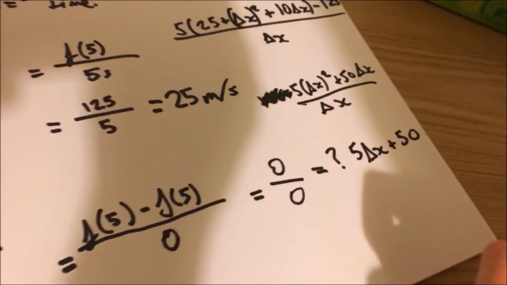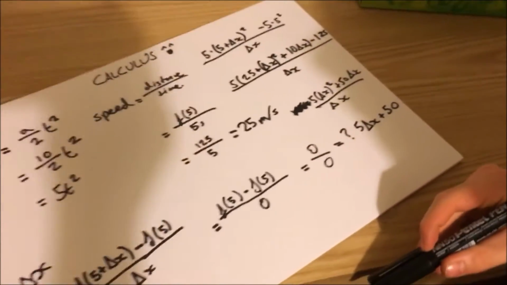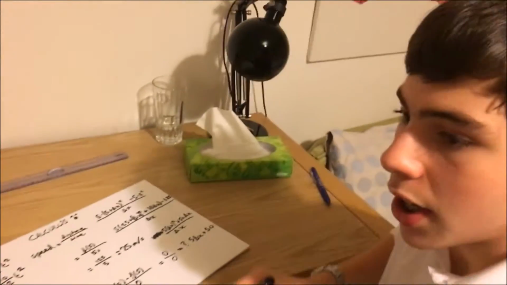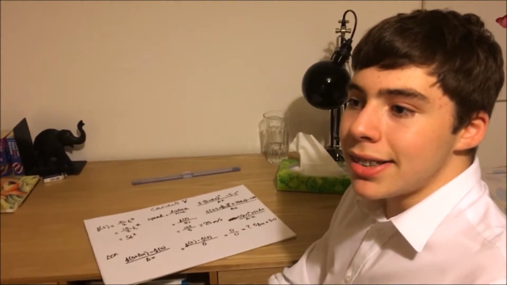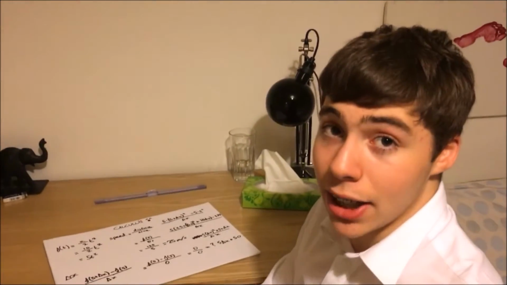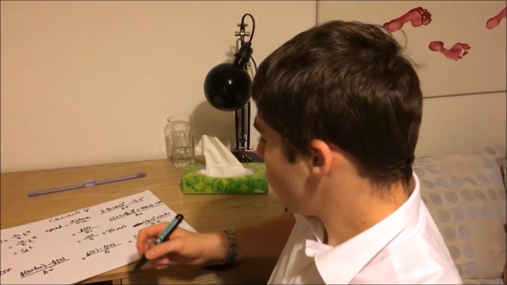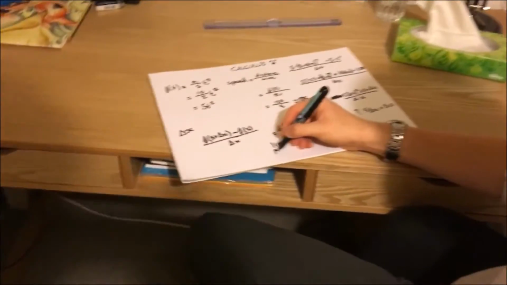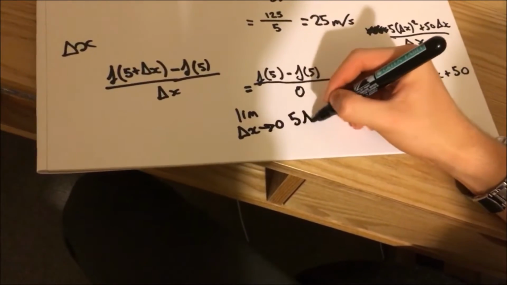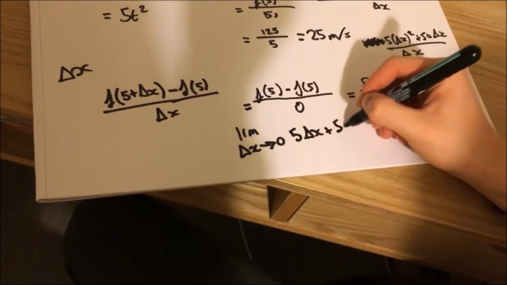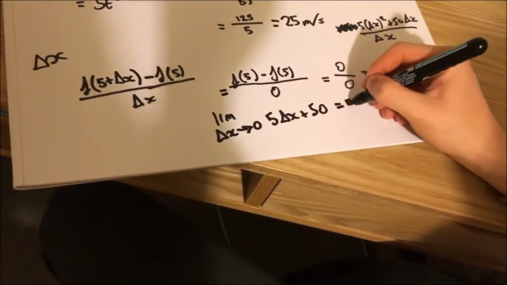We want delta x to be so small that it doesn't matter, right? Ideally, we want no seconds to have elapsed, but we've got to settle for delta x seconds to have elapsed. Now, delta x can't be exactly 0 because we've divided by it here, and you can't divide by 0. But what's the limit as delta x approaches 0? The limit as delta x approaches 0 of 5 delta x plus 50 is equal to 50, isn't it?